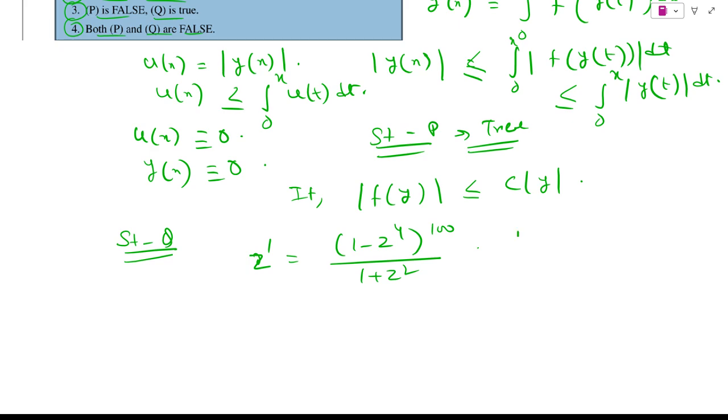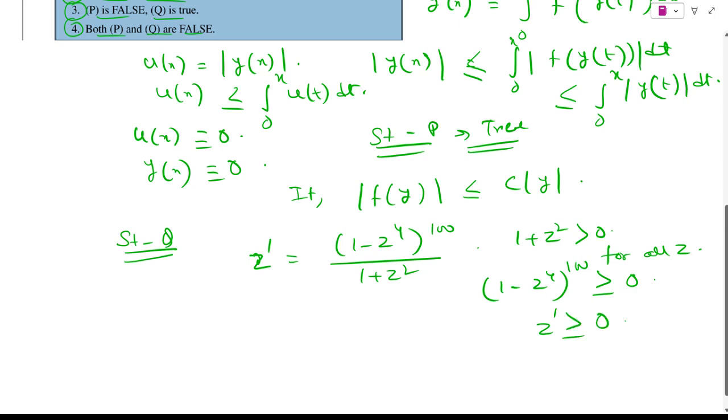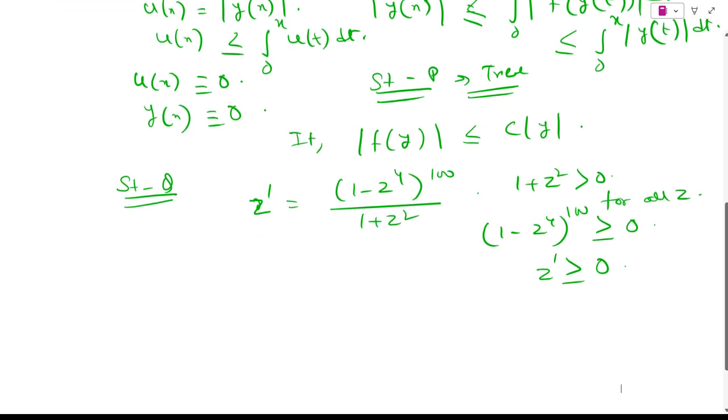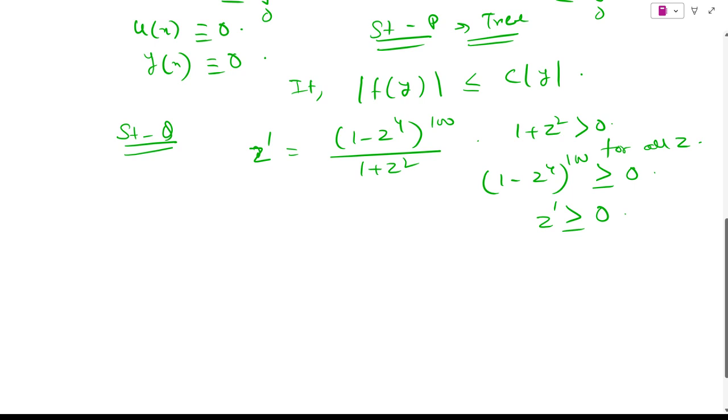Now observe, for all z, and also (1 minus z to the power 4) whole to the power 100, this is greater than or equal to 0, and hence we can say z dash is greater than or equal to 0, and therefore the solution is monotonically increasing.